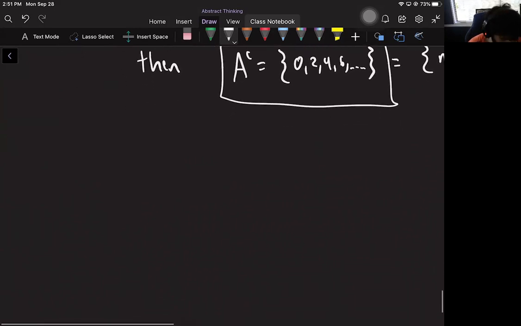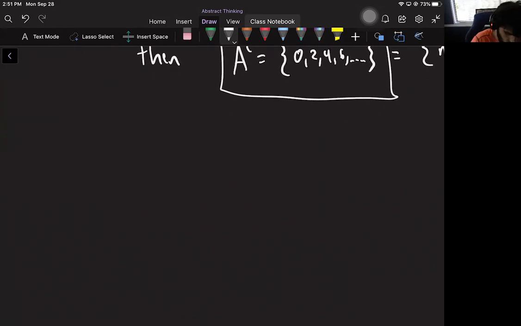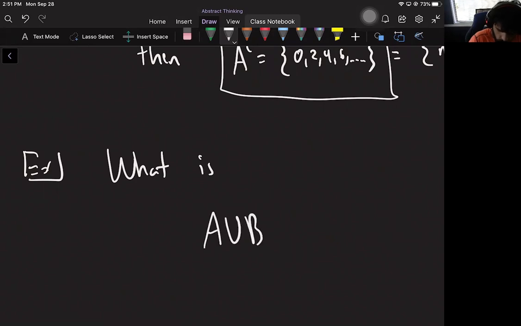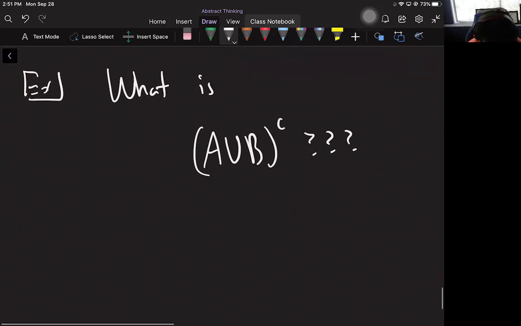Okay. So what about something like this? What is the complement of a union? So if I had two sets and I union them together and I complement that, what is that sort of like?